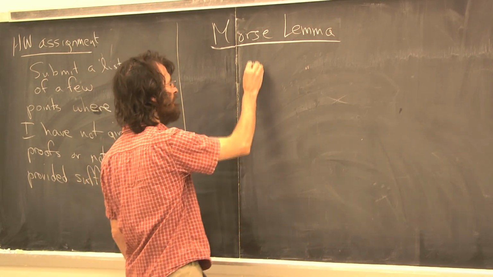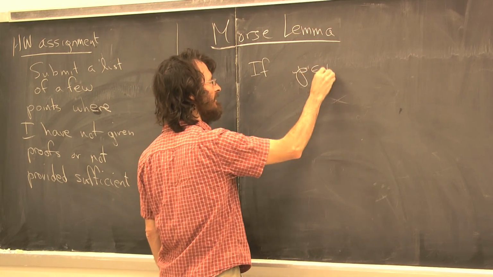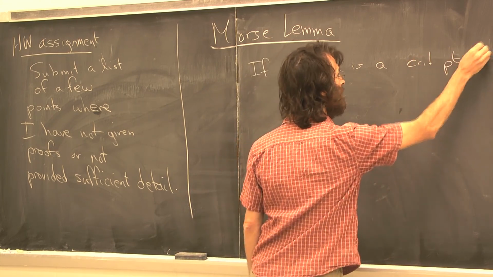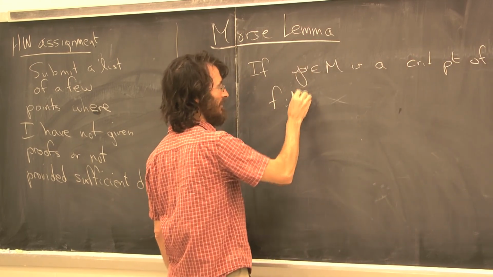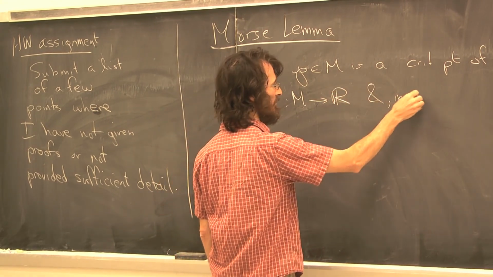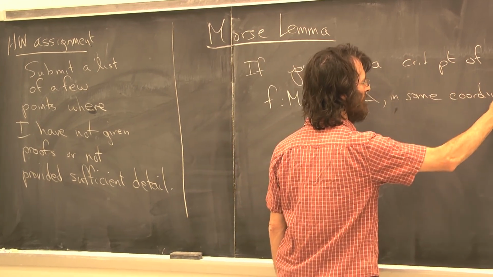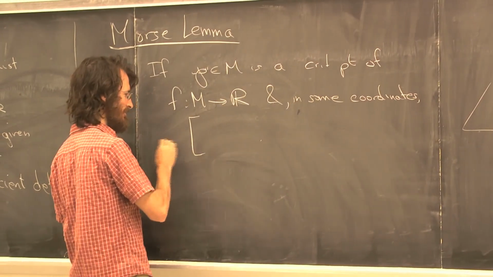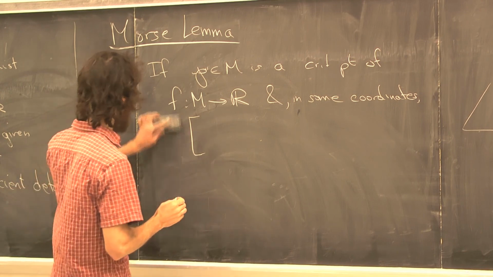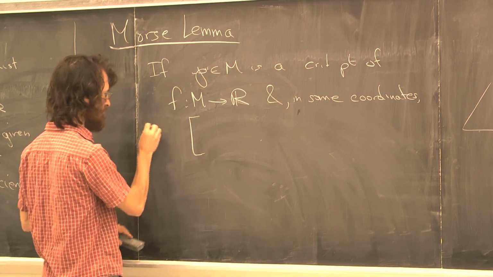The Morse lemma says that if P in M is a critical point of a function f to R, and in some local coordinates the matrix of partial derivatives, the Hessian of f, at 0, actually let me already call it Q.